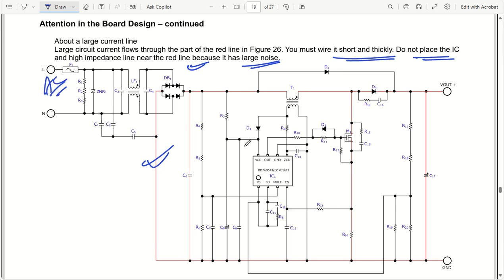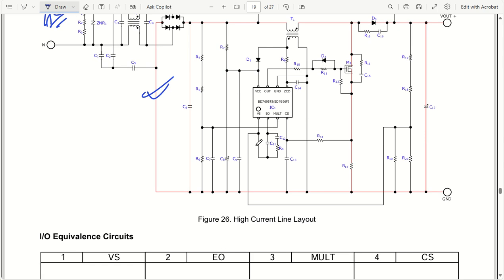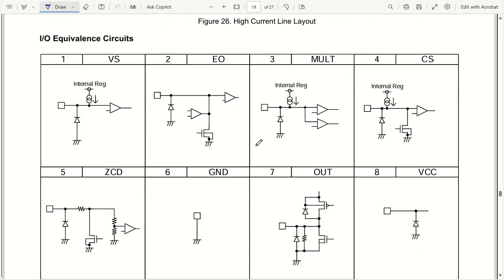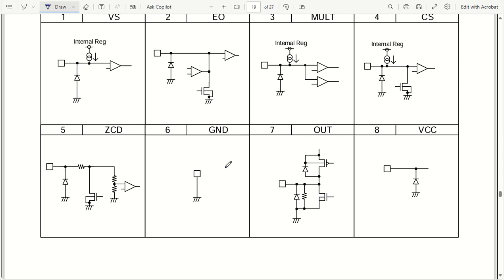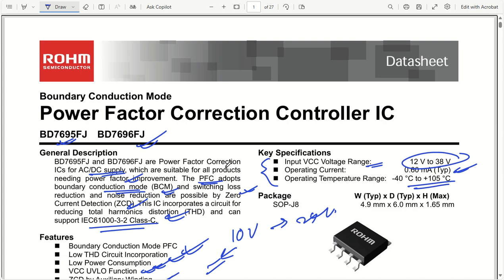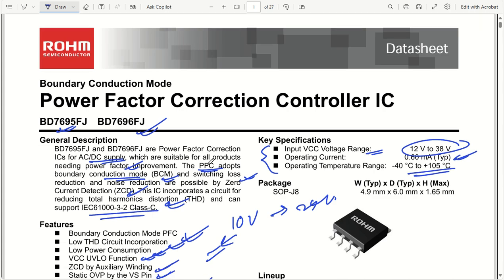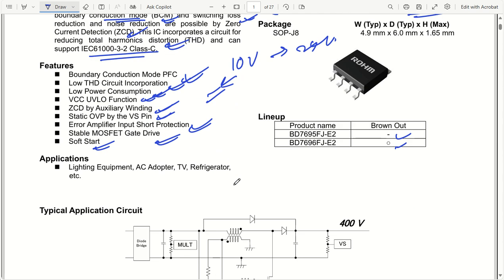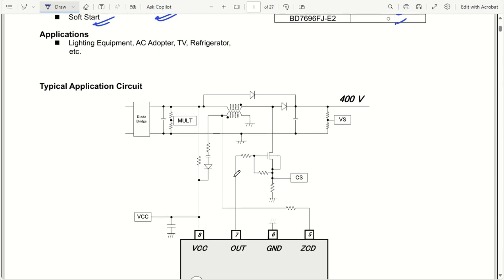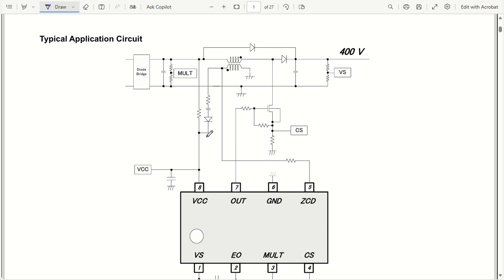So I hope you have a very good understanding of this particular PFC IC that we have just seen. If you have any question regarding the design and details of this power factor correction controller IC that we have just discussed, and if you are going to utilize either this IC or any other power factor correction IC for any application like refrigerators, washing machines, AC DC adapters, or LED drivers, and LED drivers require a lot of power factor correction these days, and AC adapters are also there.